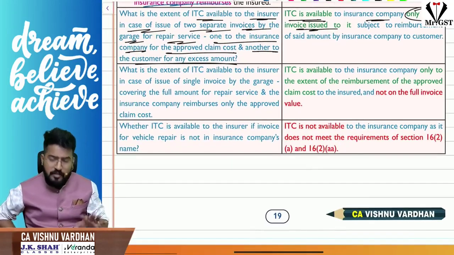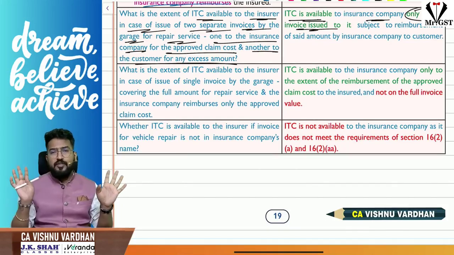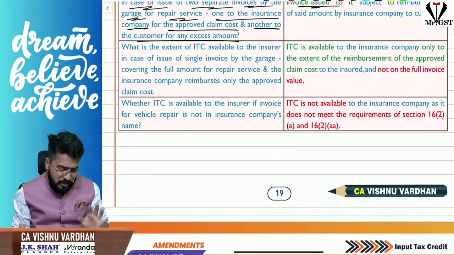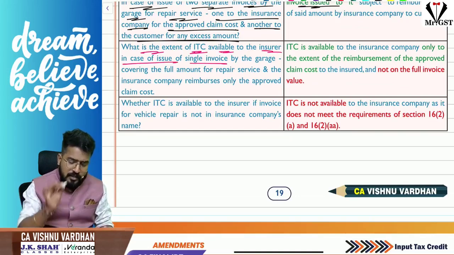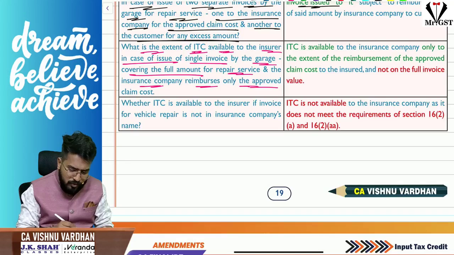Okay, sir. So the garage gave an 80,000 invoice to the insurance company and 20,000 to the customer. The insurance company can take ITC only on the 80,000. Okay, fine. The next thing, what is the extent of ITC available to the insurance company in case a single invoice is issued by the garage covering the full amount for repairs and services, and the insurance company reimburses only the approved claim cost?